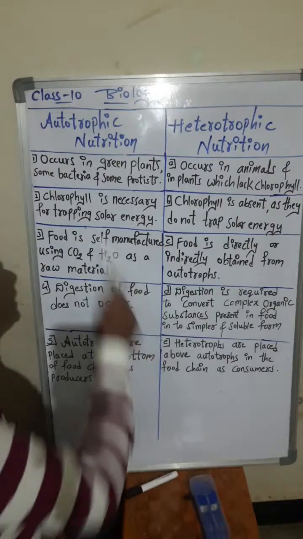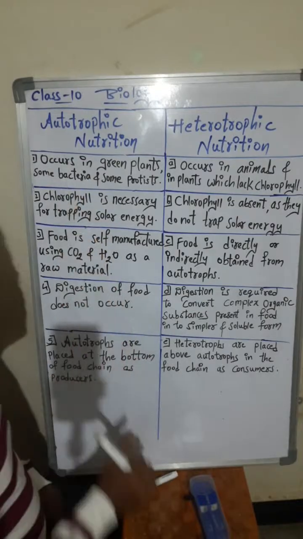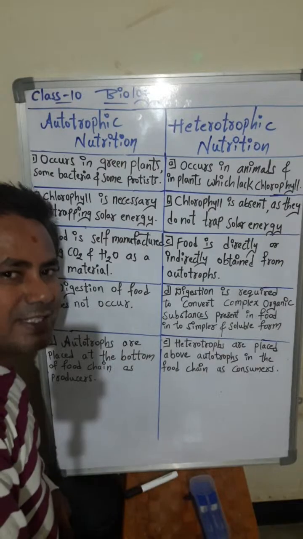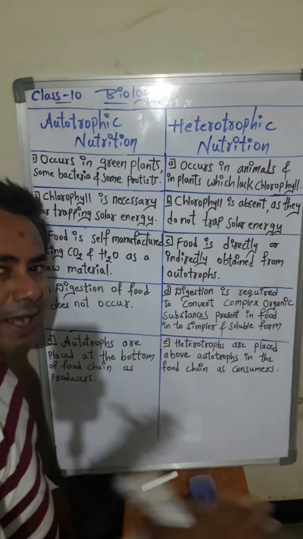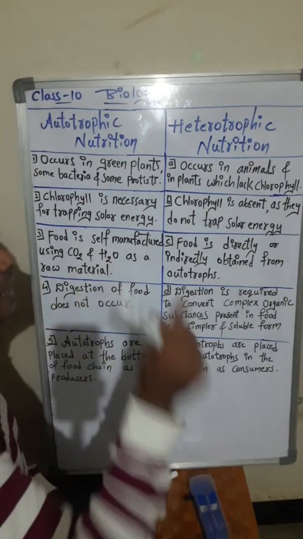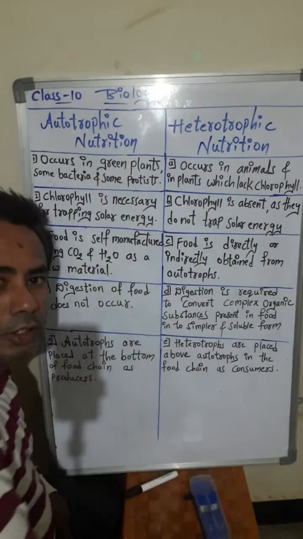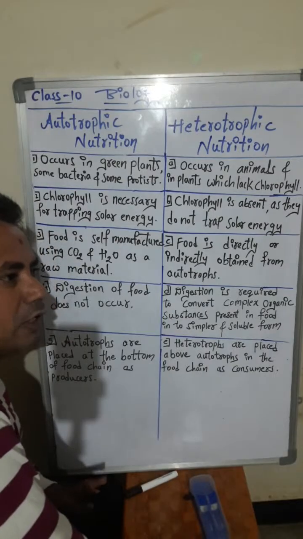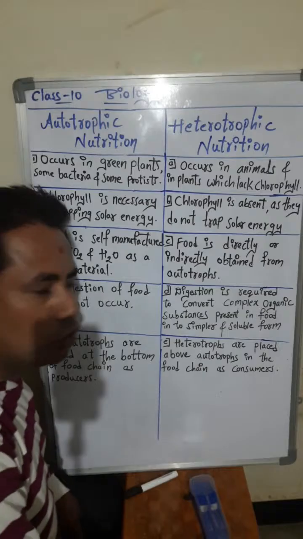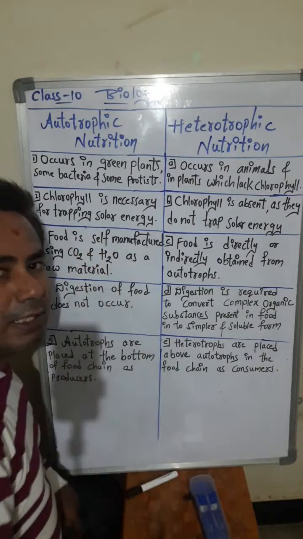Among autotrophic bacteria, it is again divided, students, for in-depth knowledge: photosynthetic bacteria and chemosynthetic bacteria. Both come under autotrophic nutrition. The bacteria which prepare food with the help of sunlight, they have chlorophyll, are called photosynthetic bacteria.